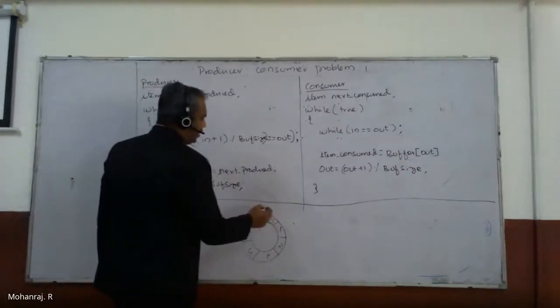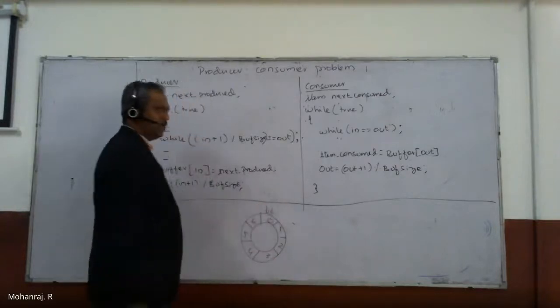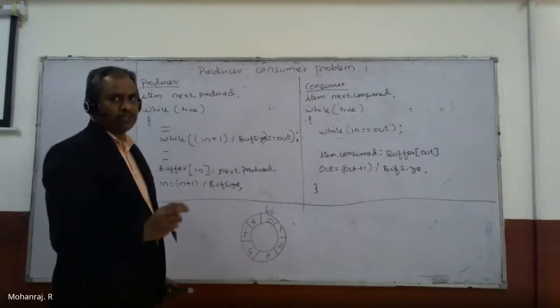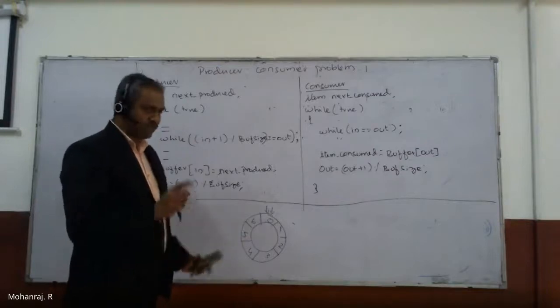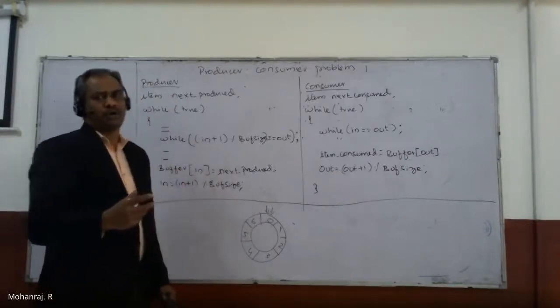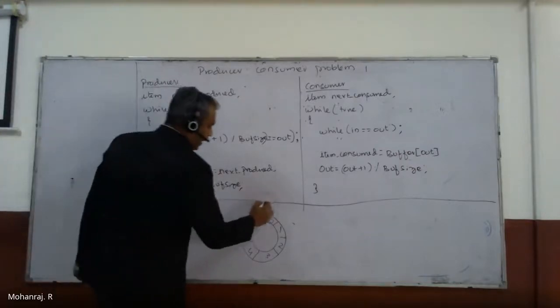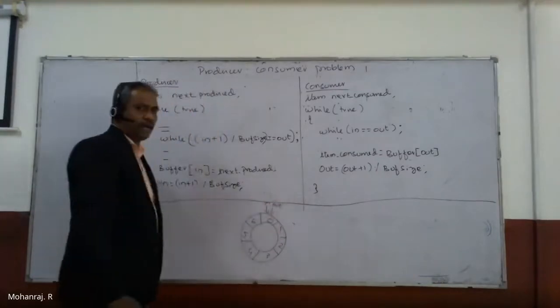Now initially there will be 2 pointers associated with this, in and out. In points to the front, the item which is placed, and it allows us to identify whether we have space for a new item, whether it is full or not, by examining these 2 pointers, in and out.